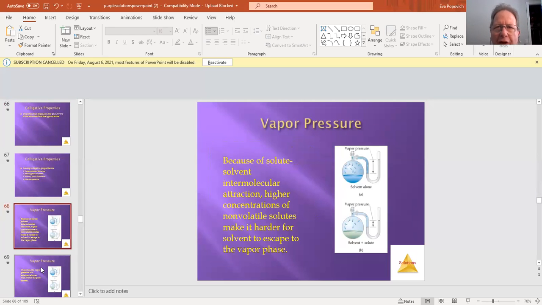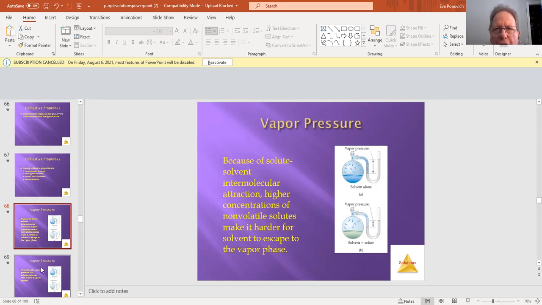Now, I get people that confuse this with Henry's law all the time. Henry's law involves a gas being dissolved in a liquid. Raoult's law involves a liquid that is dissolving a solid.